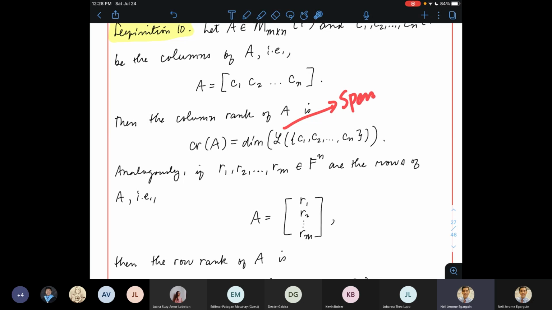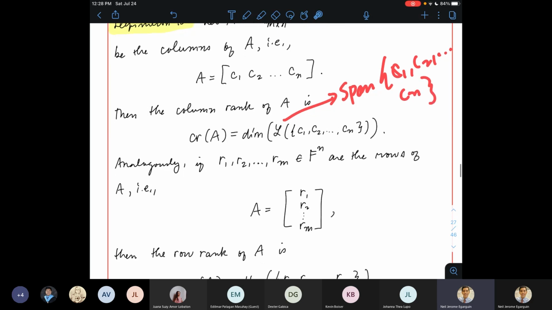Pero most linear algebra books nga pala use the term span of C1, C2, and Cn to call the set of all linear combinations of elements of a set. So yung curly L of C1 to Cn natin, siya yung span ng C1 to Cn, which is the set of all linear combinations of elements of the set with regards to other books, right?